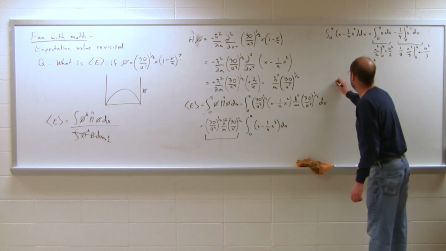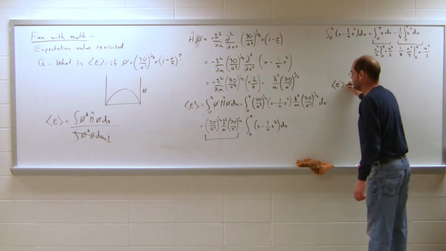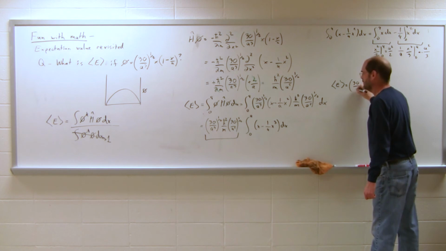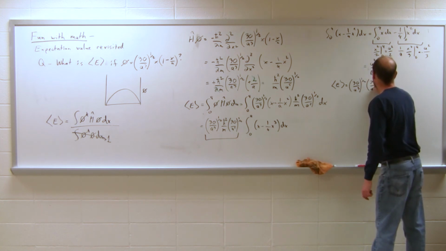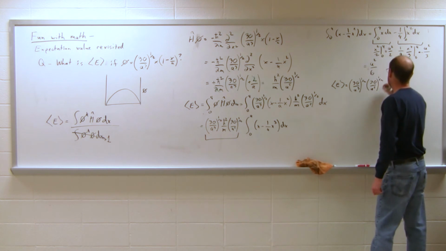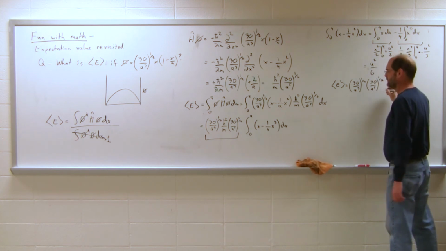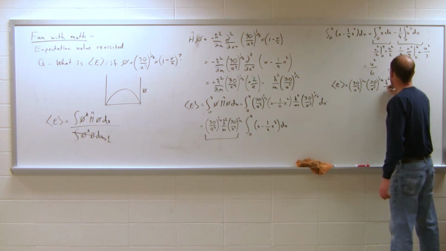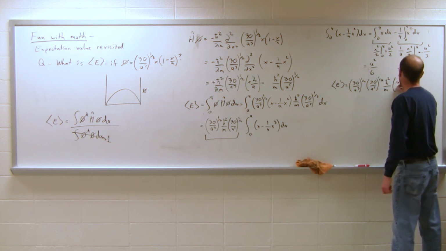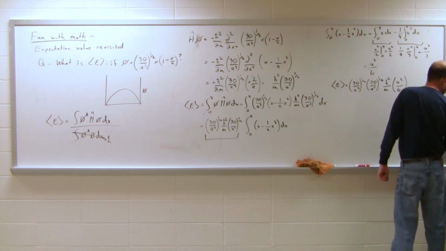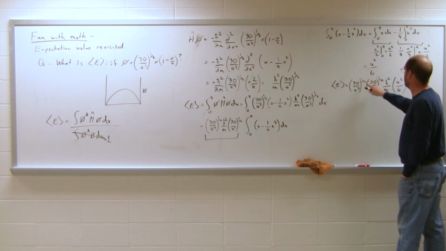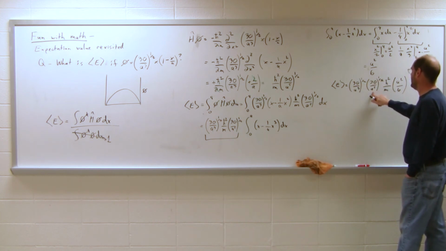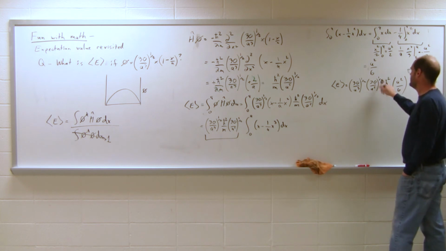My expectation value of E is equal to (30 over a to the third) to the 1/2. I'm going to group terms: (30 over a to the fifth) to the 1/2, h bar squared over m, a squared over 6. What is all of this together? Well, 30 times 30, the square root of each is just 30. A to the third times a to the fifth is a to the eighth, to the 1/2 is a to the fourth.